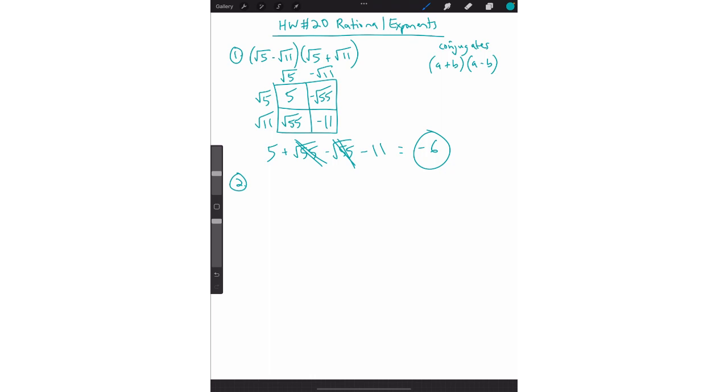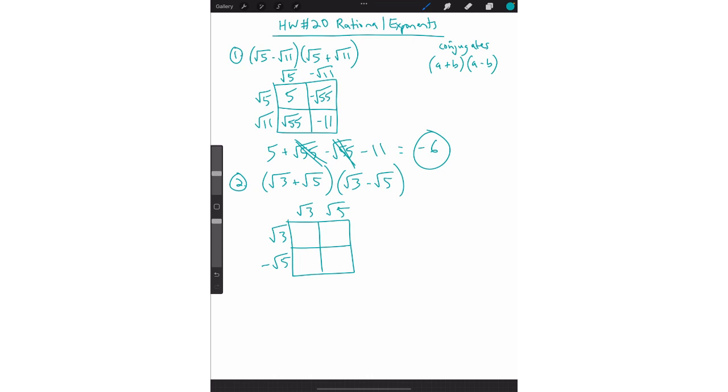So we'll see that again in number 2, where we have the square root of 3 plus the square root of 5 times the square root of 3 minus the square root of 5. Okay, so once again, we're going to draw our box for the box method. I have the square root of 3 plus the square root of 5, square root of 3 minus the square root of 5.